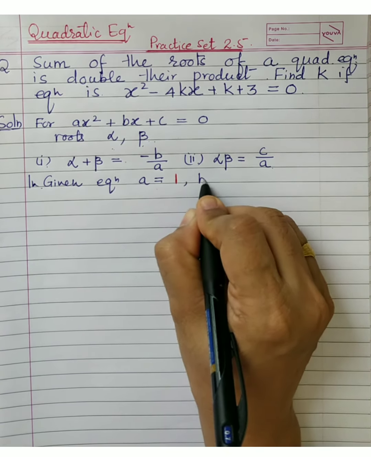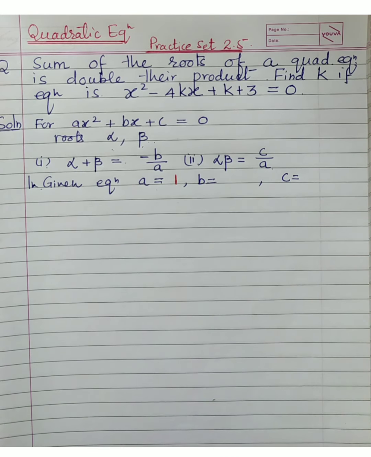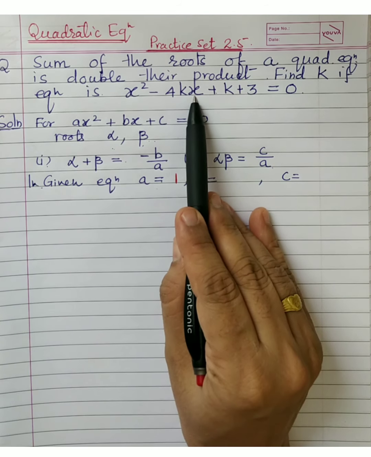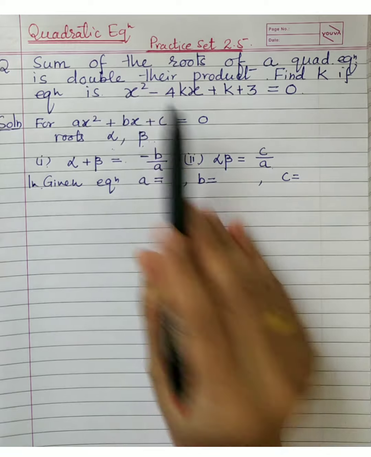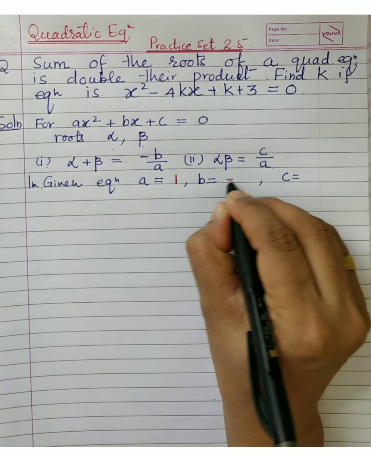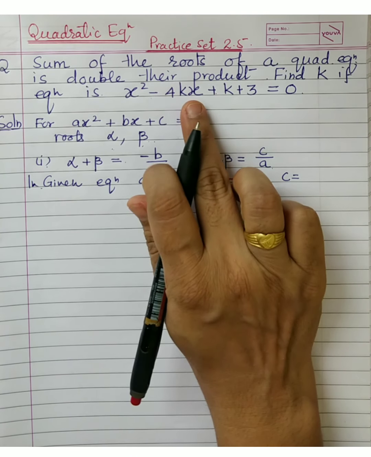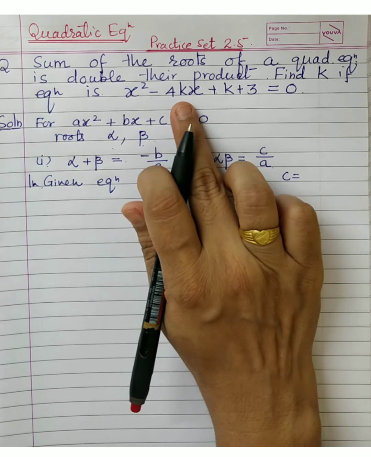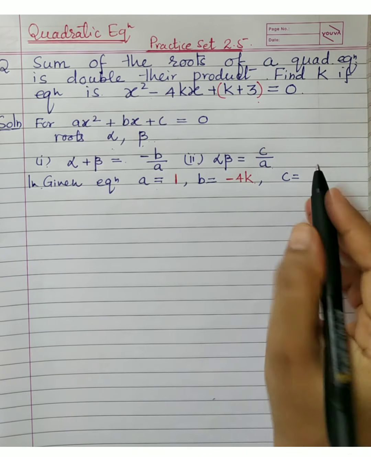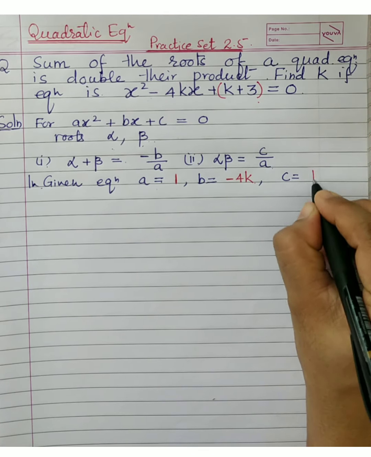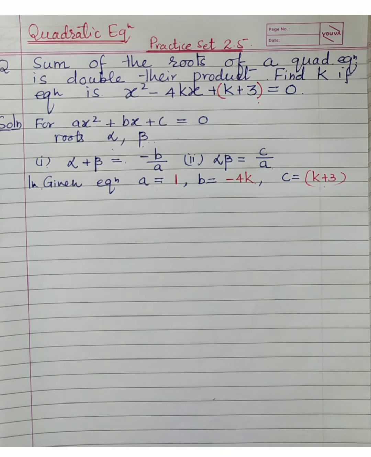Then b and c also we will find. b is the coefficient of x, with the minus sign, so b is -4k. And c is the constant term other than x² and x, so c is k + 3. This is how we have found the values of a, b, c.